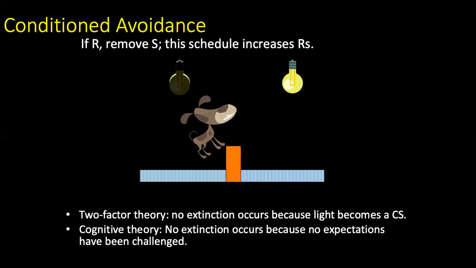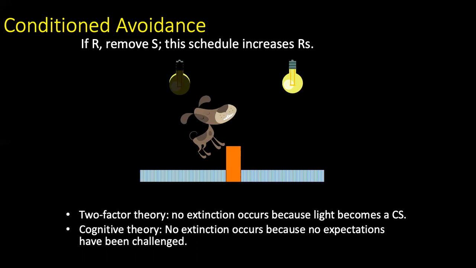But if you think back to what we've talked about before in terms of matching up our expectation with results, and when there's not a deviation between our expectation and result, then we don't necessarily learn anything new that's going to change our behavior, right? So the cognitive theory argues that we don't see extinction of this behavior because no expectations have been challenged, right? The animal learns that if I jump, I'm not going to experience a shock.